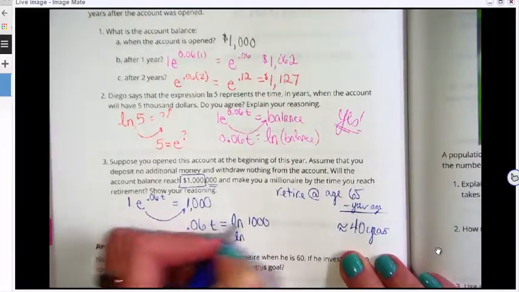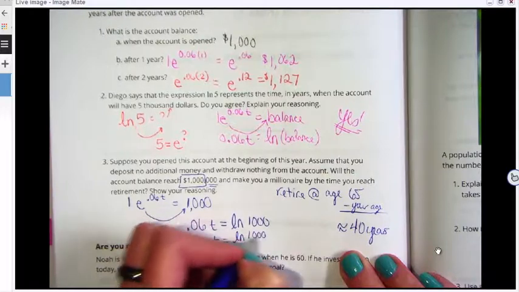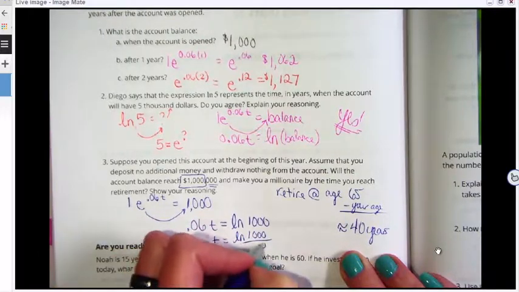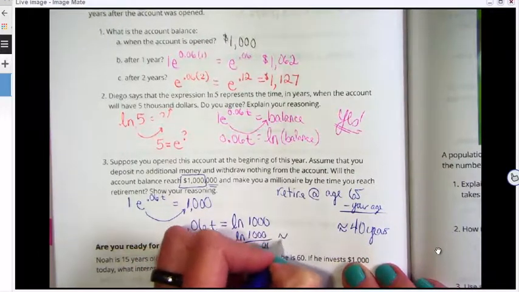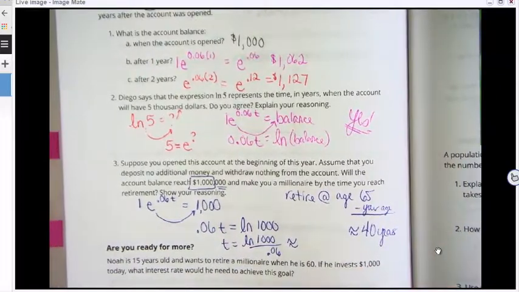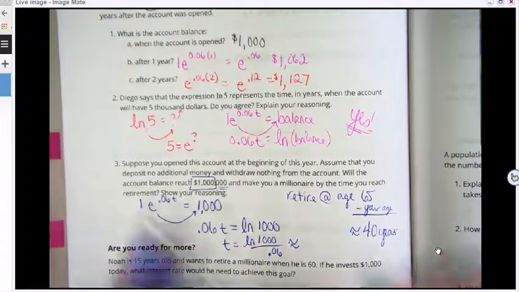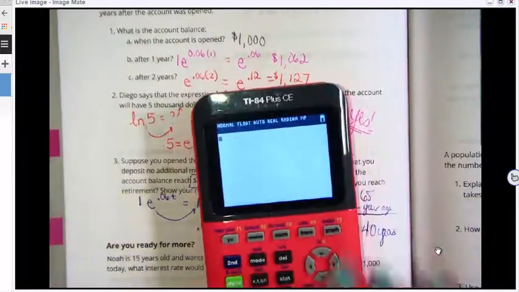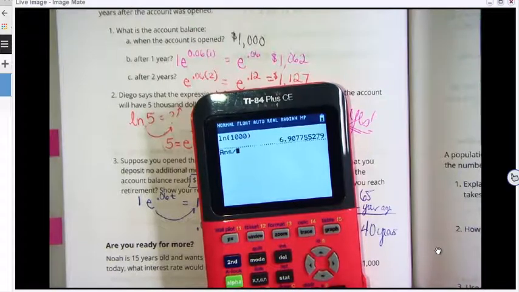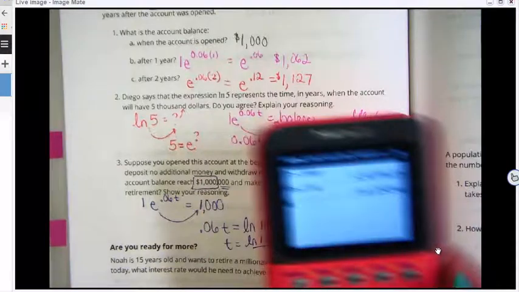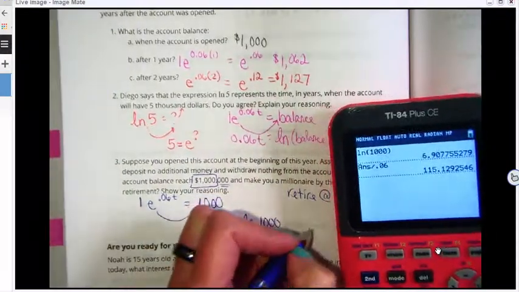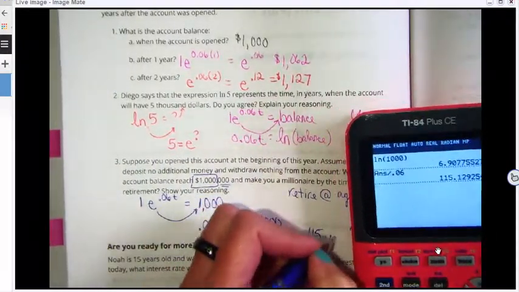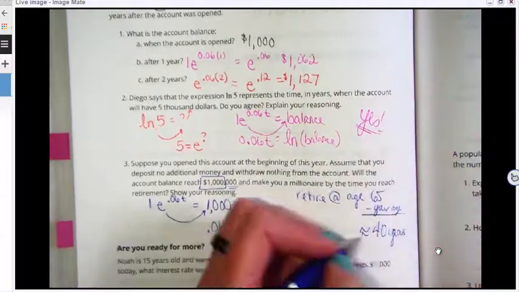So the amount of time we would need is the natural log of 1,000 divided by 0.06. On my calculator, the natural log of 1,000 and then divided by 0.06 is going to tell me that I need about 115 years for this to become $1 million.